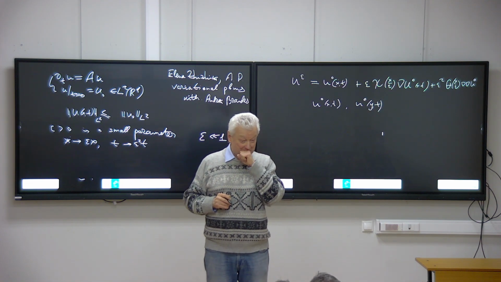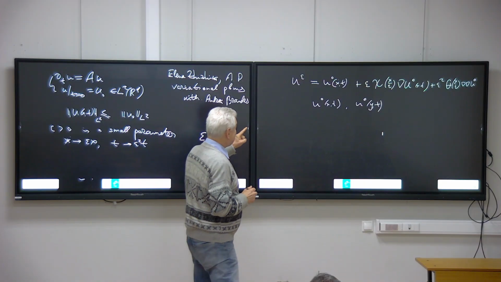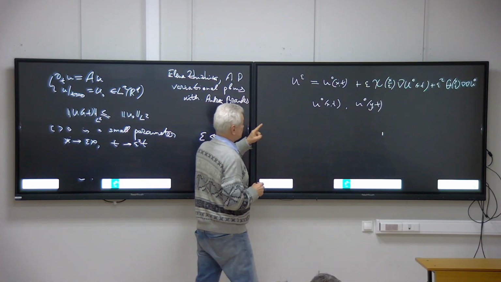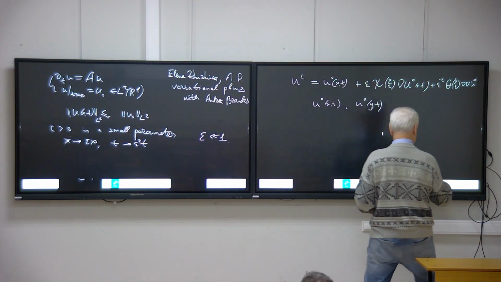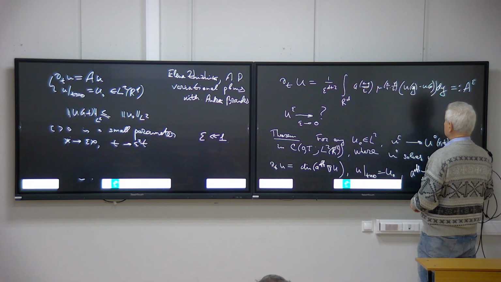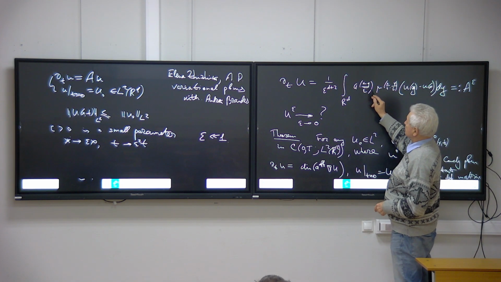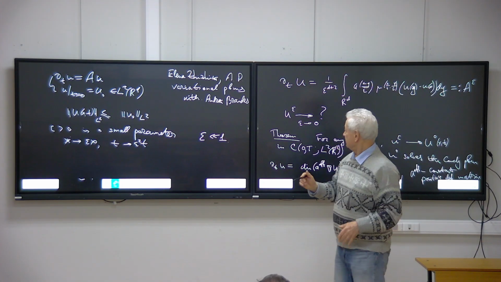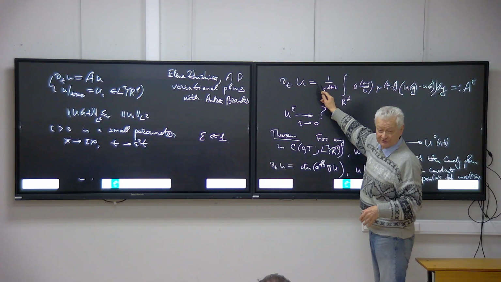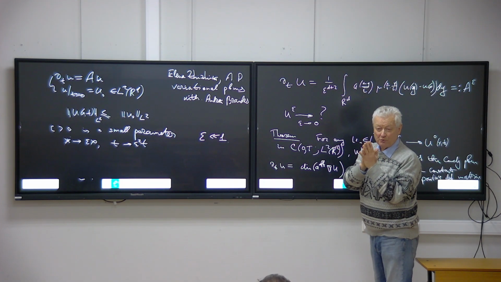But the idea is that because of the very strong localization, you remember, we have this A, which is more and more close to the kernel of a delta function, with an appropriate factor. So it's localized more and more.